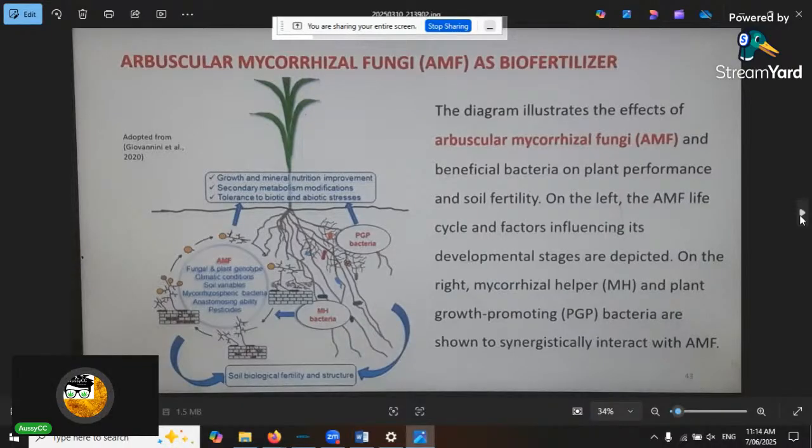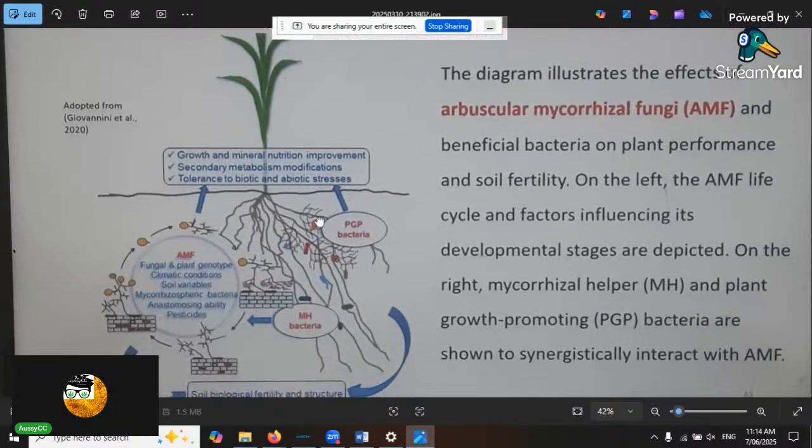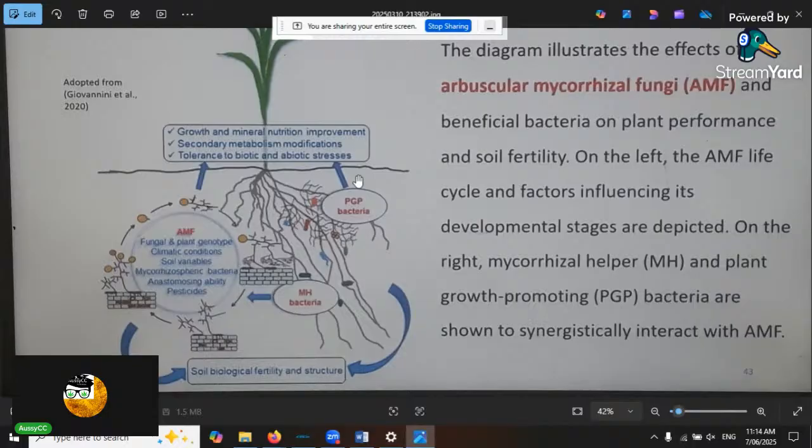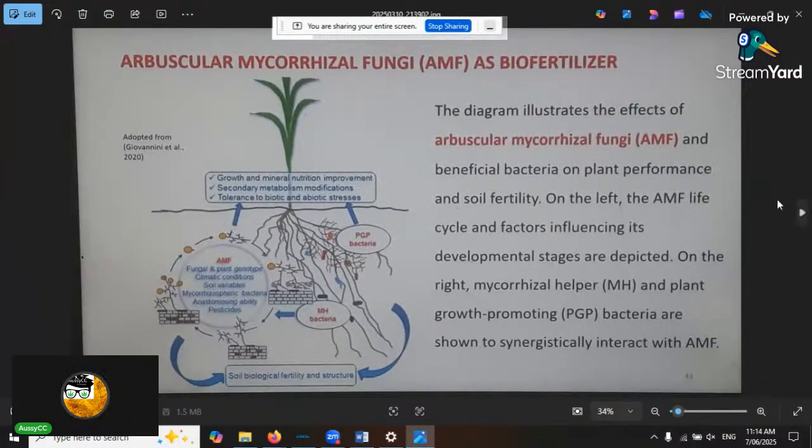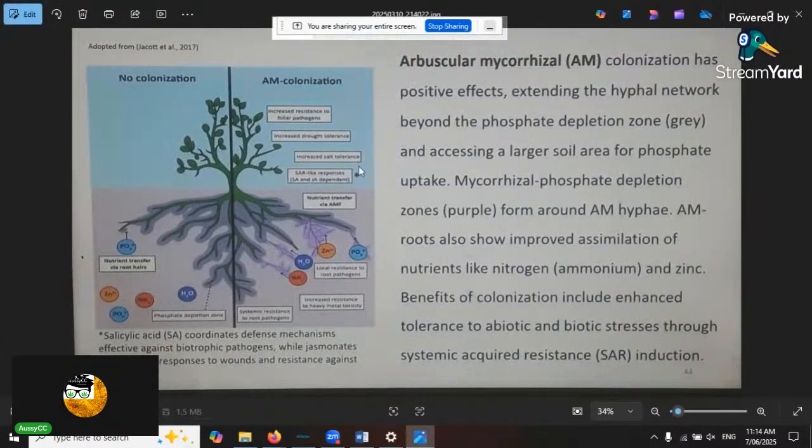Arbuscular mycorrhizae as biofertilizers. So arbuscular mycorrhizae are beneficial fungi that colonize in the roots. Colonization has positive effects.